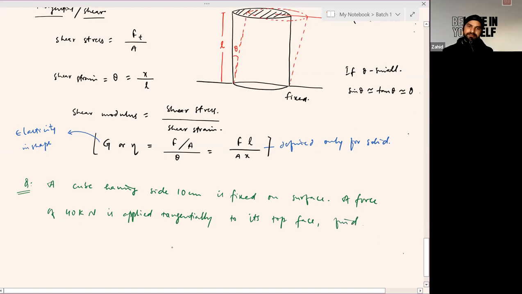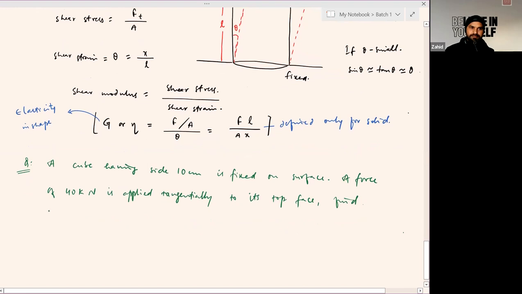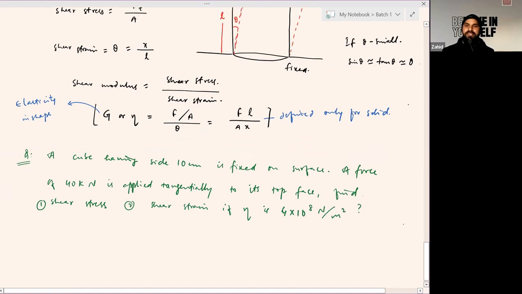Find shear stress and shear strain if eta is 4 into 10 to the power 8 Newton per meter squared. Just use the above formula and try to find.